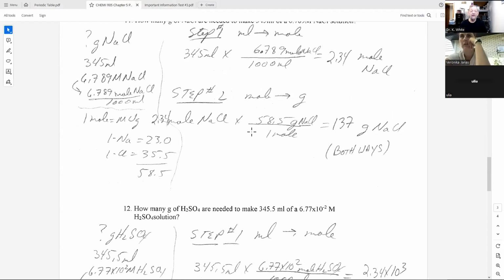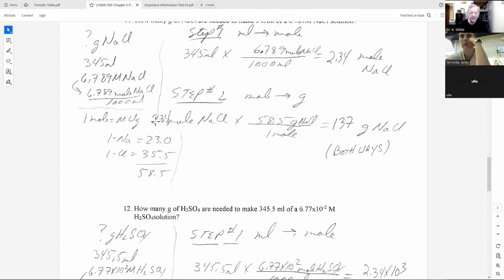And now we know to get 1 mole, here we need the molecular weight of sodium chloride. The molecular weight is 1 sodium, 1 chlorine, and that adds up to 58.5.